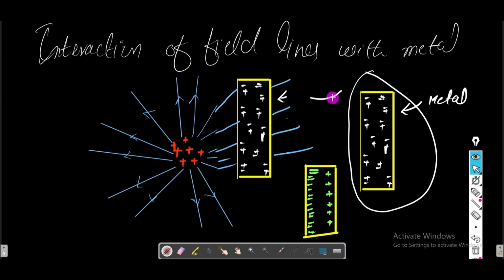But when we bring this metal inside the electric field lines of the charges here, the electrons and protons inside the metal will arrange, and the map of the arrangement of these charges inside the metal is represented by this. And that is all for today's lecture. Okay, thanks for watching.